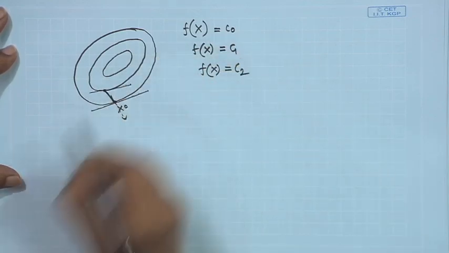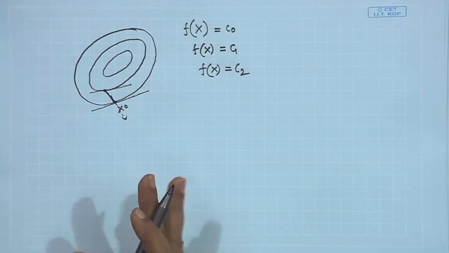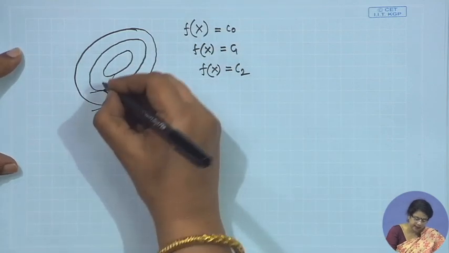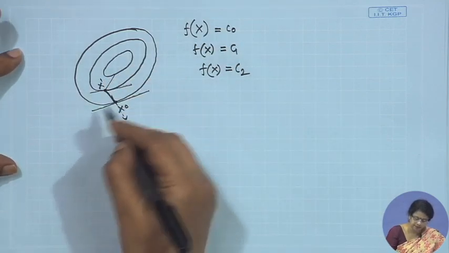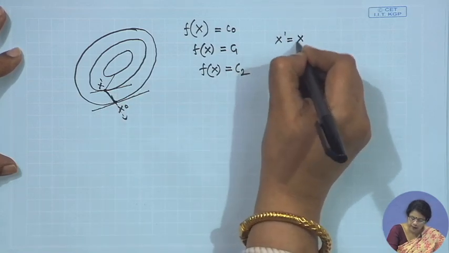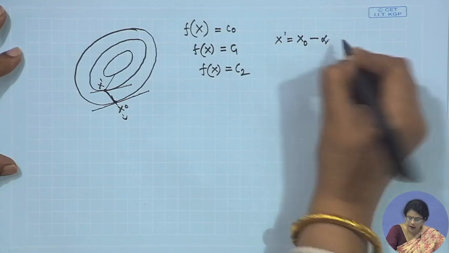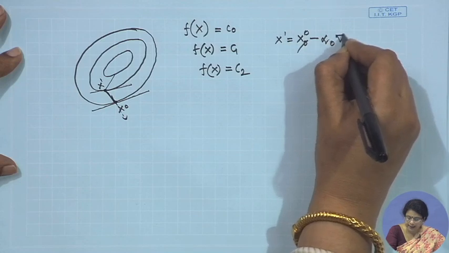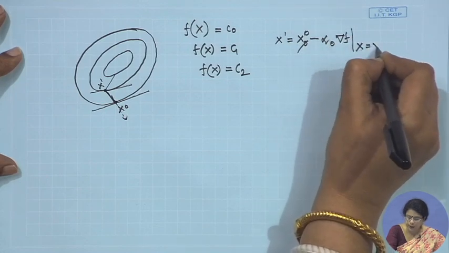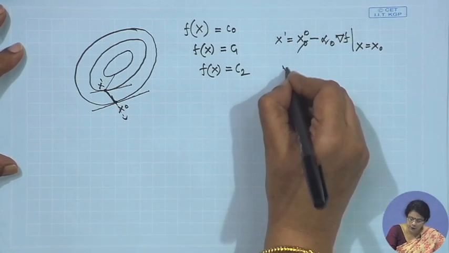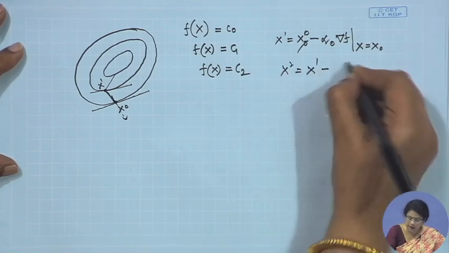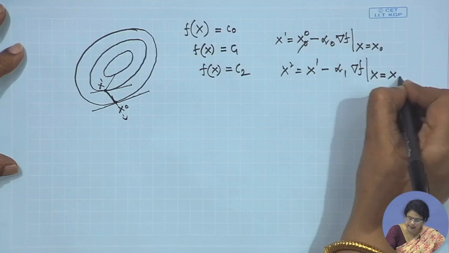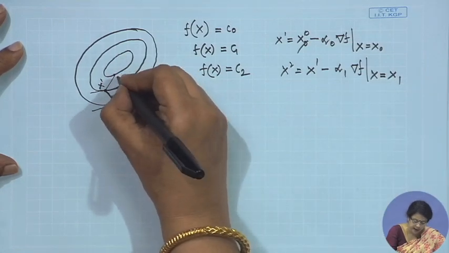Again we will consider the tangent, and again it will move like this. Alright. That is why x naught will move to x1, where x1 is equal to x naught minus alpha naught gradient of f at x equal to x naught. Alright. x2 will be equal to x1 minus alpha 1 gradient of f at x equal to x1. Then we will move to x2.